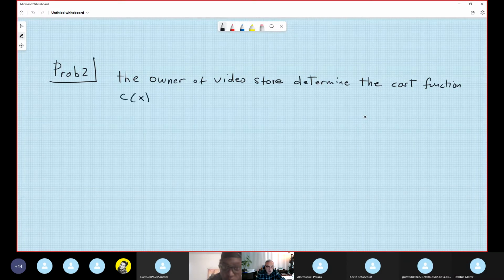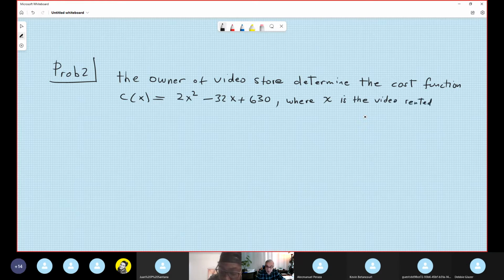C of x is the cost, capital C, cost. 2x squared minus 32x plus 630, where x is the videos rented daily.